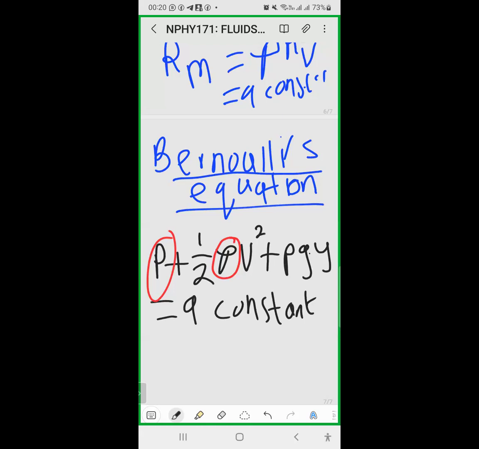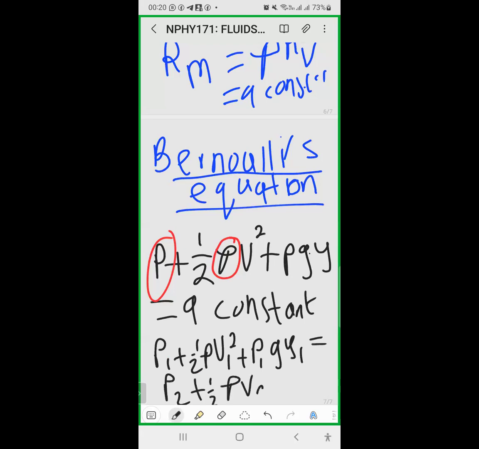So you can make use of the Bernoulli equation, because according to the Bernoulli equation, under the context of the principle of conservation of mechanical energy, the pressure at section 1 plus half rho times the velocity at section 1 squared plus rho g times y at section 1 is equal to the pressure at section 2 plus half rho V2 squared plus rho g y2. Okay. So this is how useful the Bernoulli equation is.